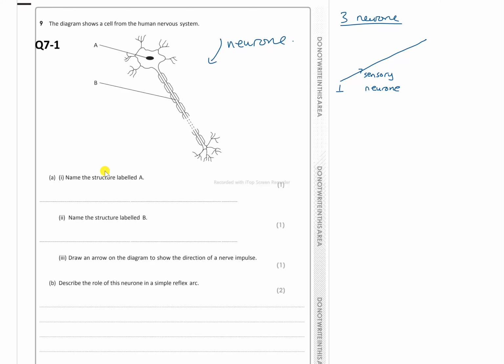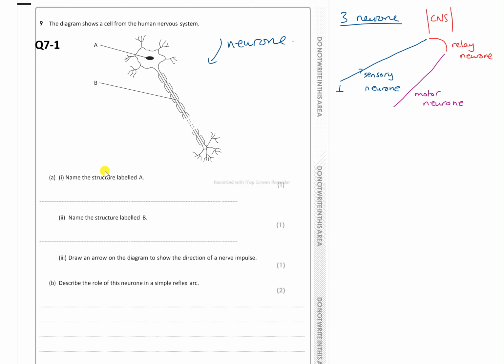Then in the central nervous system, that's your spine there, you have the relay neuron, and then from there it goes down to the arm or the muscle, that is called the motor neuron. So this arc we should know about, reflex arc.